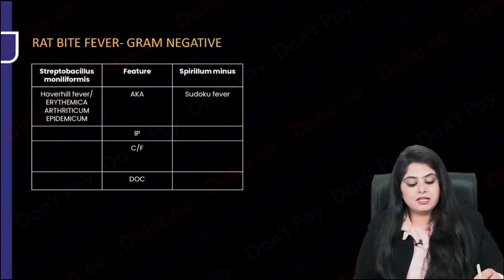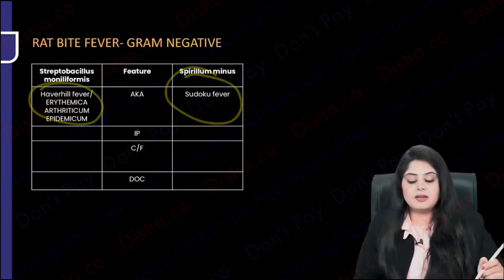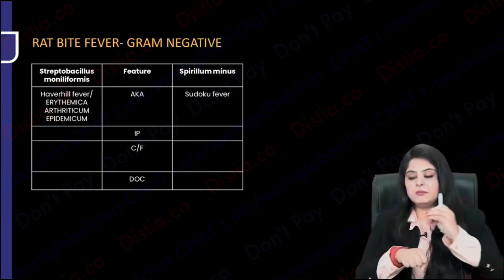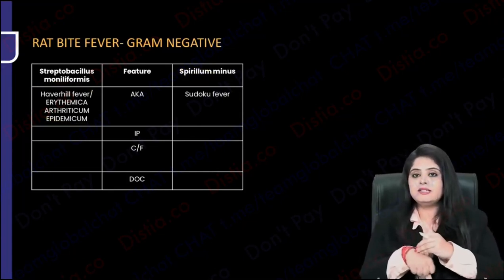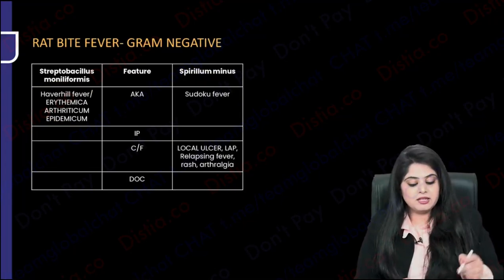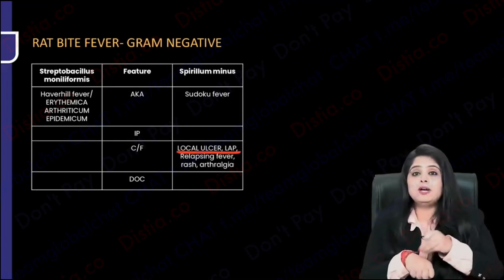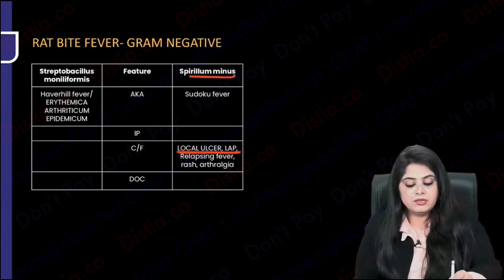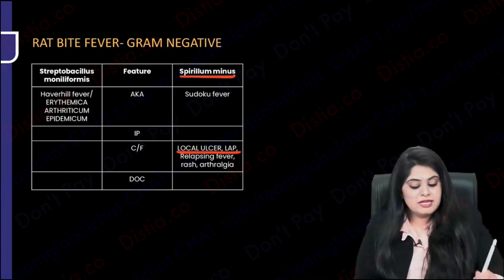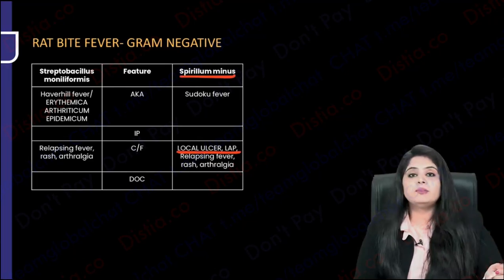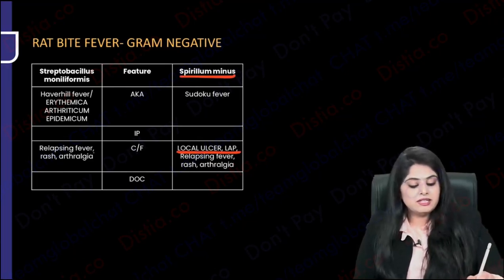So if I say, what is the difference between this rat bite fever and that rat bite fever, you will say: if the rat bites, is there something at the bite? That is only in Spirillum minus. If there is a local ulcer and lymphadenopathy, a problem where the bite happened, that is going to be in Spirillum minus, because in Streptobacillus moniliformis the local things are not there, but there is relapsing fever with rashes and arthralgia.